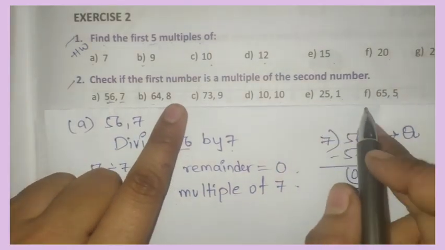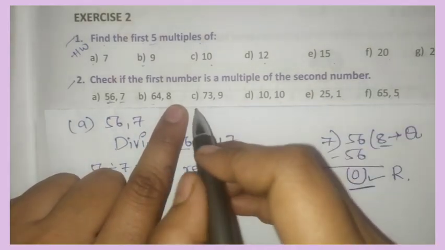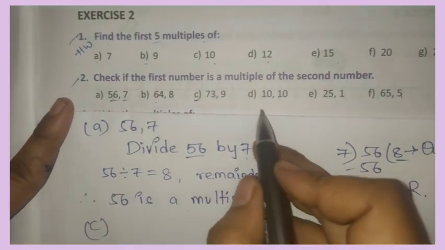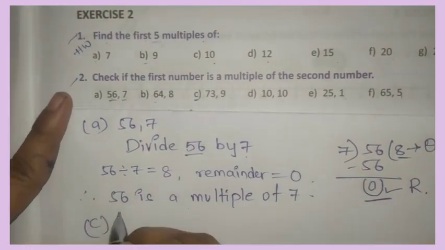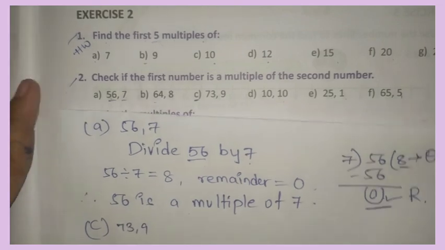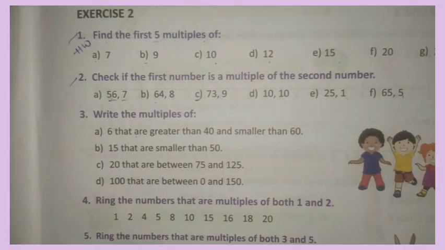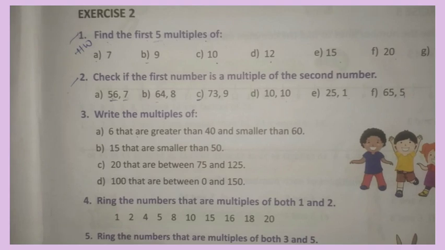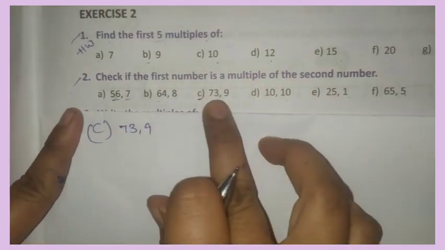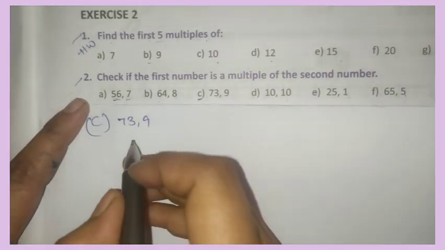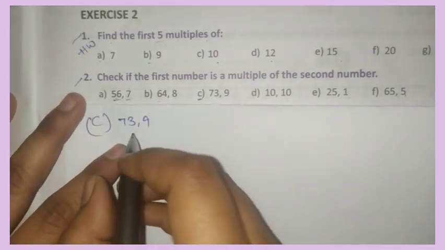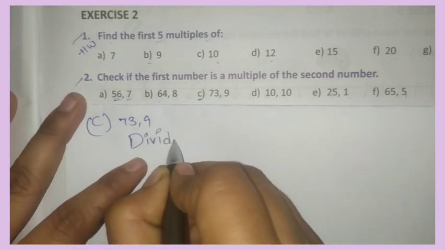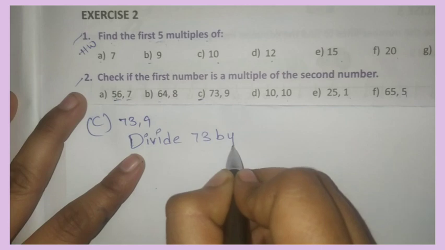One more I will explain. For example, C. Look at question C: 73 and 9. We have to find whether 73 is a multiple of 9 or not. To check that, we have to divide 73 by 9.